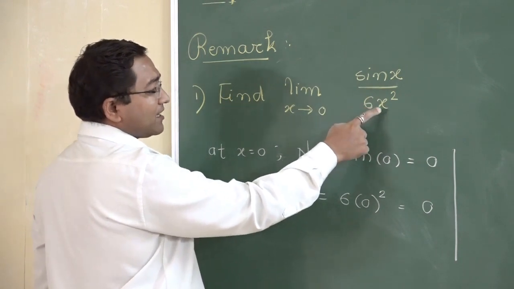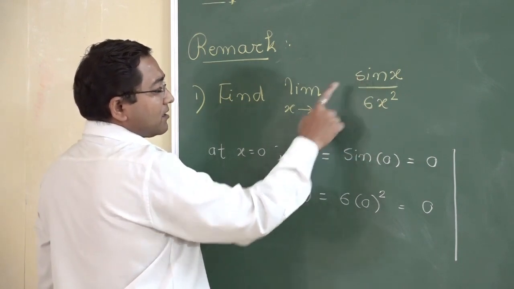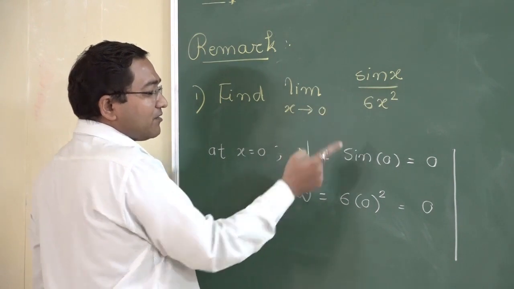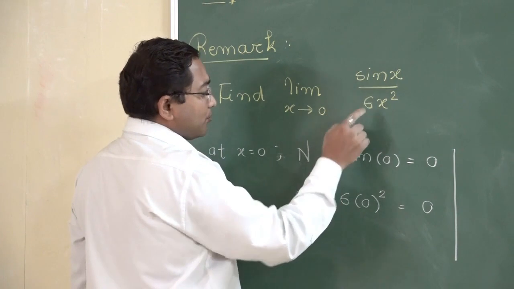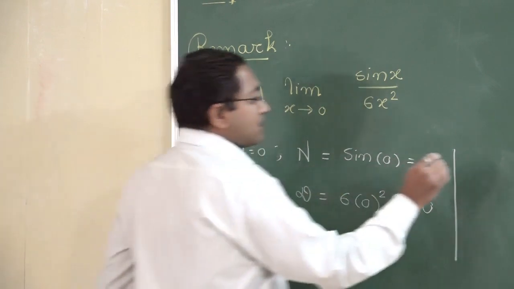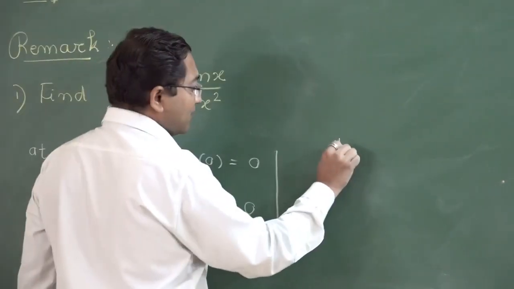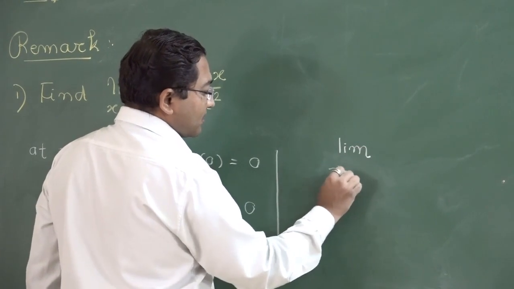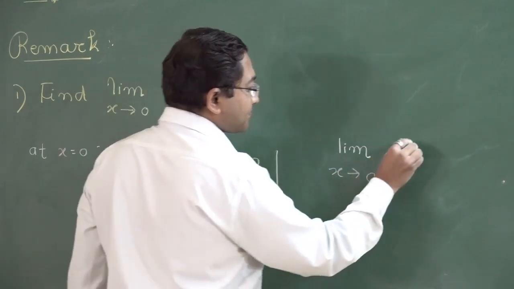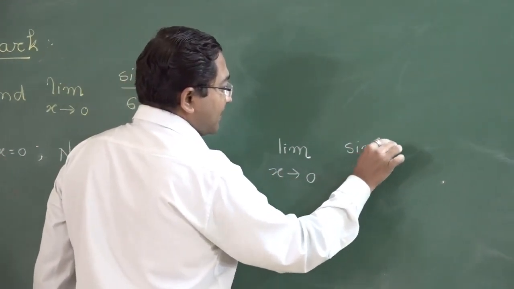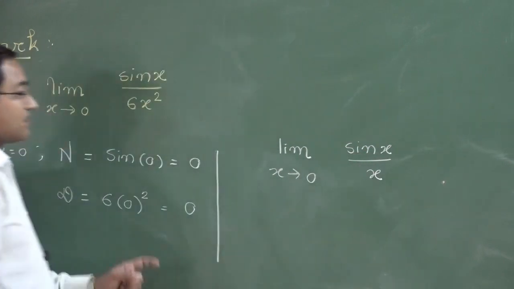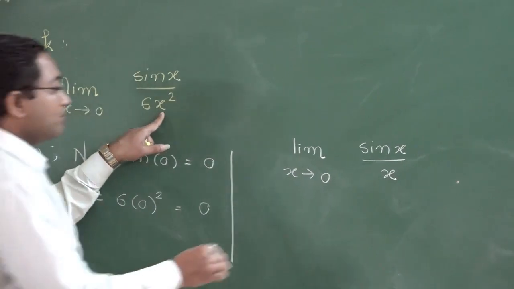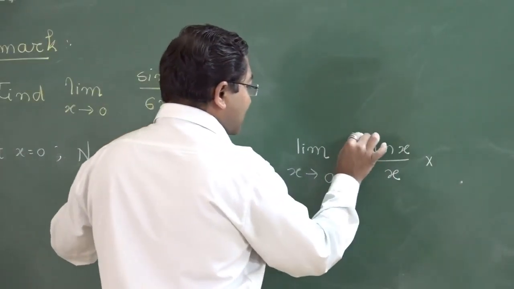Here observe that if we substitute x equal to 0 directly, we have a problem like this. Suppose the evaluation is like that: limit x tends to 0 of sin x upon x multiplied with 1 upon 6x.